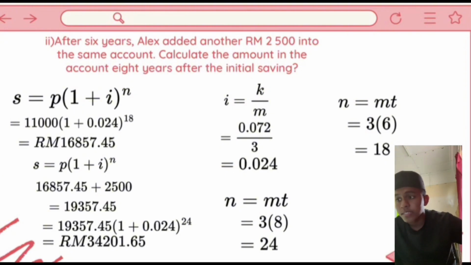So we get the answer 19,357.45, and the P is 19,357.45. Okay, in bracket 1 plus 0.024, and the n is 24 because of 8 years, and the answer is 34,201.65.